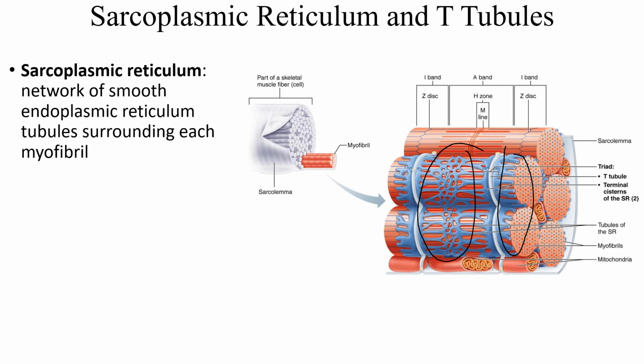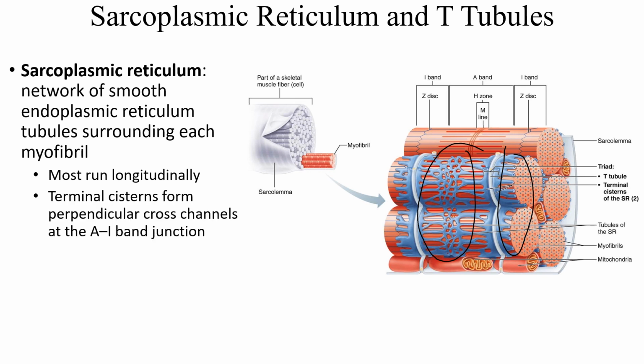And the blue is going to be surrounding all of the myofibrils, so inside of the actual muscle cell. They're going to run longitudinally down, and they're going to be right on top of the sarcomeres.